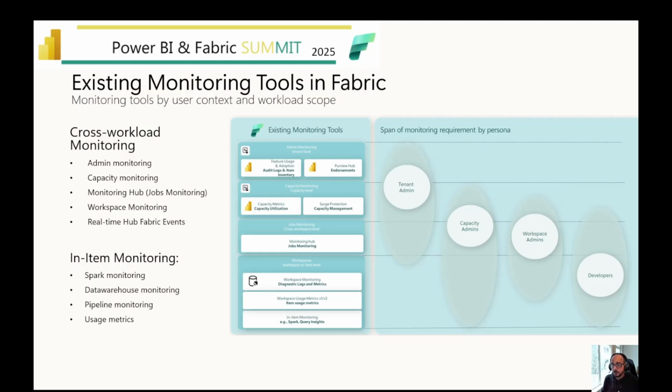Within that item, you will see a lot more information on monitoring for understanding health, understanding query consumption, query duration, etc., that are more tied to the specific need that a SQL developer may have, which can vary very materially from what a BI developer may need. Right. So that's the in-item monitoring. Those are the two buckets through which we are looking to expose new capabilities for helping you address your monitoring requirements in Fabric.